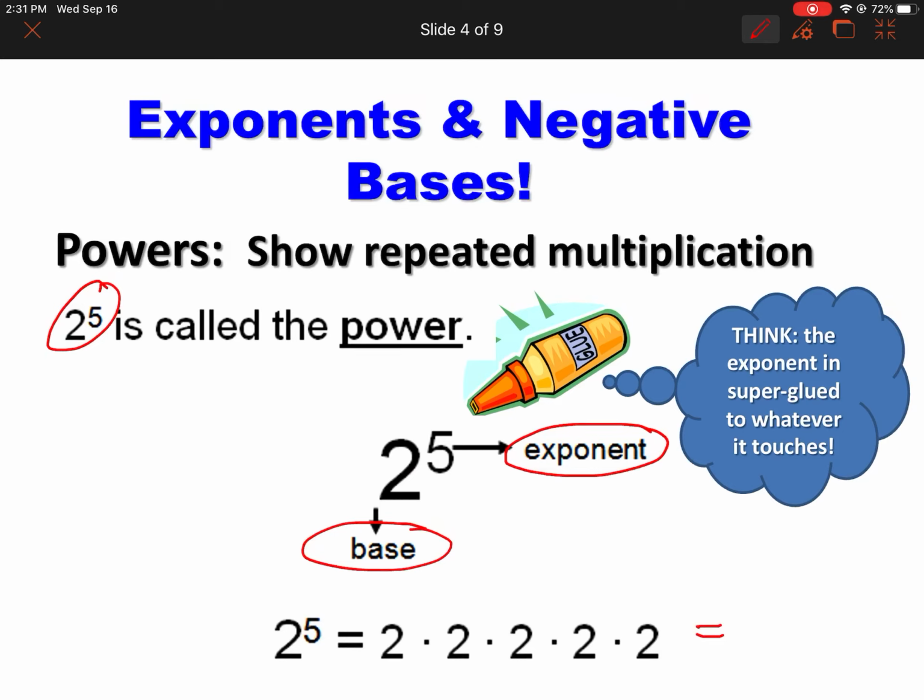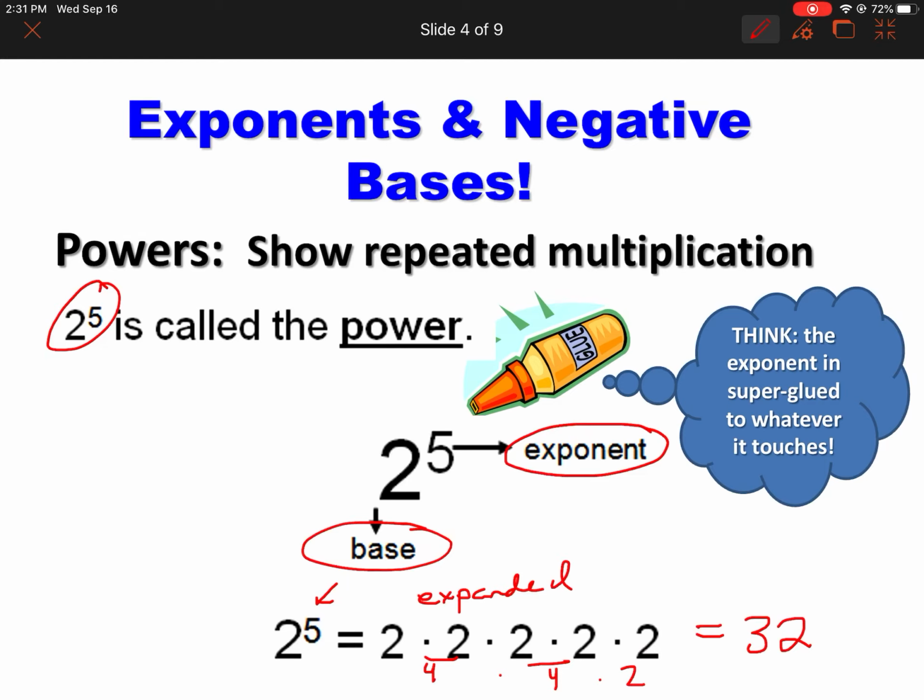The expanded form is 2 times 2 times 2 times 2 times 2. Remember, the little number tells you how many times to use the base as a factor. And so 2 times 2 is 4. This 2 times 2 is 4. And we still have another 2. And 4 times 4 is 16, times 2 is 32. So 2 to the 5th power is 32.